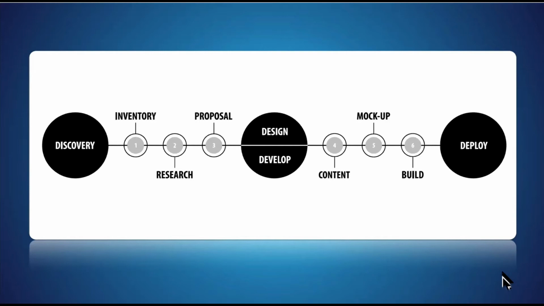As I'm talking, then you're going to design it and develop it. After you do your proposal and you get it approved from your client, you're going to start. And you'll put in your content. You'll make a mock-up, for example, perhaps just a skeleton that's kind of laid out before you go too deep into it. And then you'll build it and deploy it. It's not unusual to have 1 or 2 iterations.